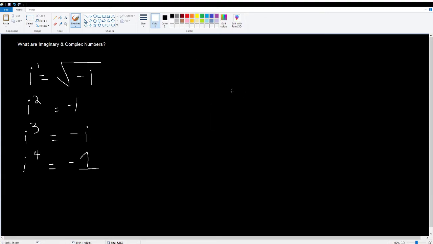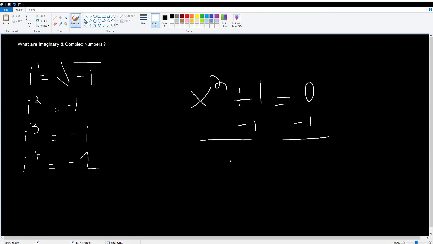But just to make it simpler, one thing we can think about is how to use i in some math problems. For example, if we have a problem that goes x squared plus 1 is equal to 0, and we ask, can we find a value of x such that this is true? Well, we'll solve for x. So we subtract 1, and I get x squared is equal to negative 1.